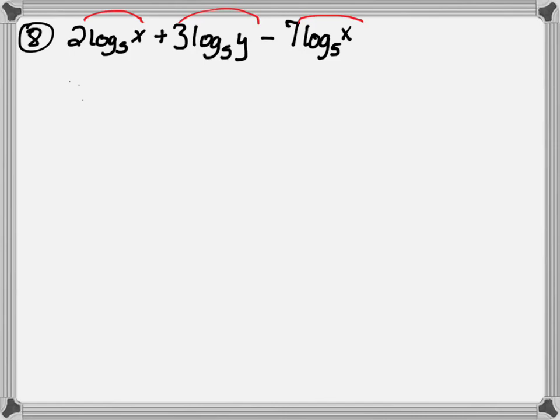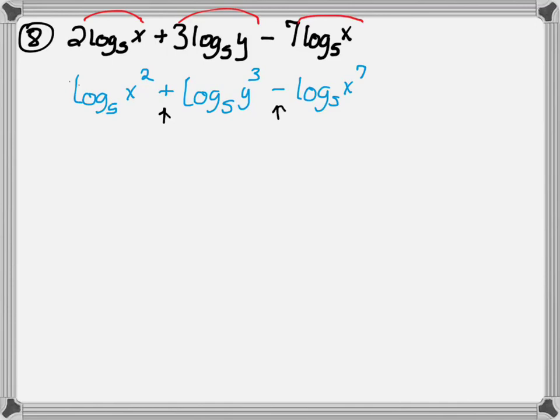And so we have log base 5 of x squared plus log base 5 of y cubed minus log base 5 of x to the 7th. Now let's look and see what other operations we have here. We have the addition and we have the subtraction.